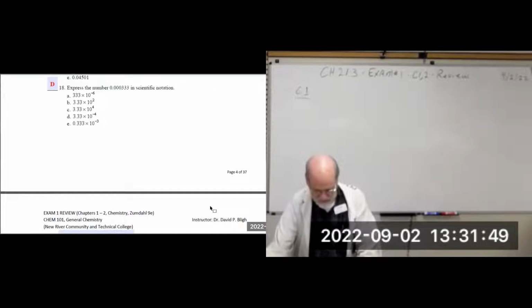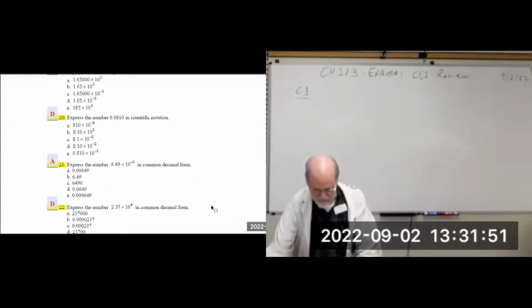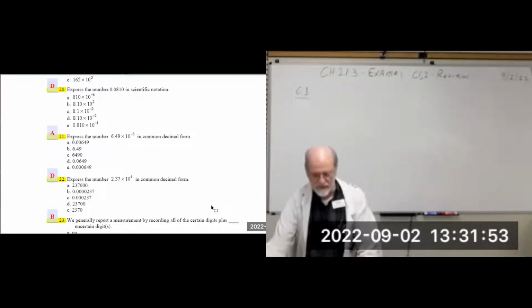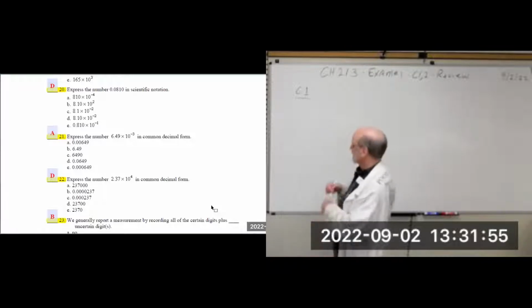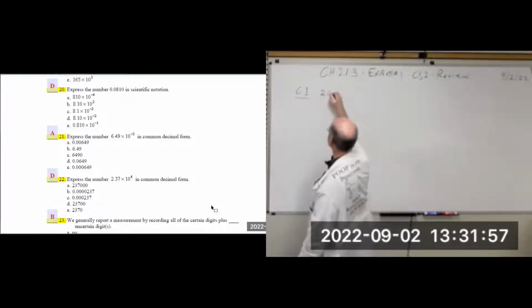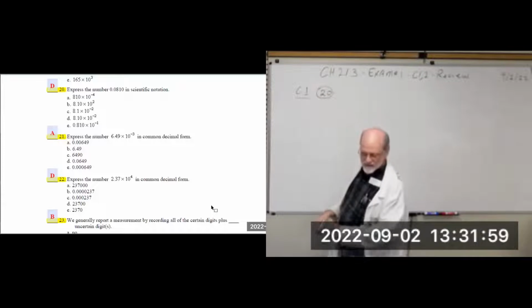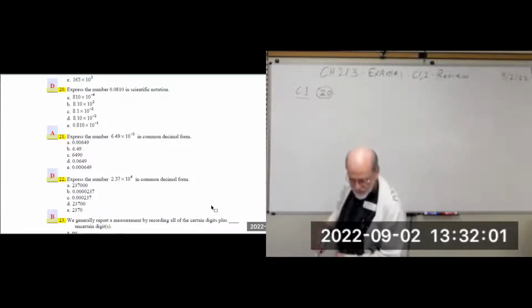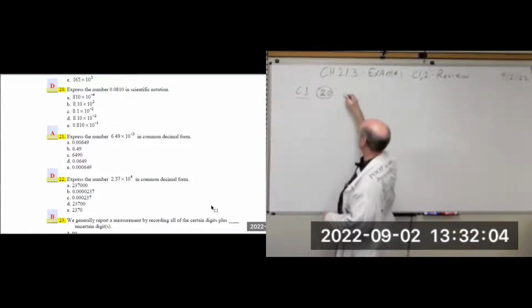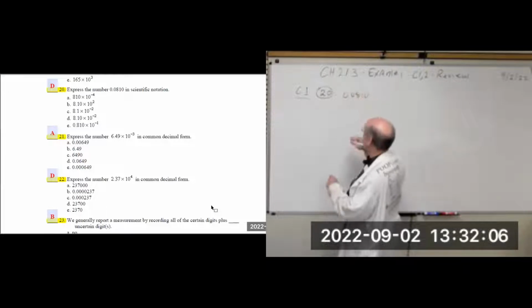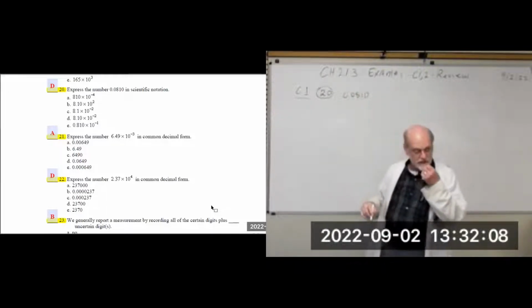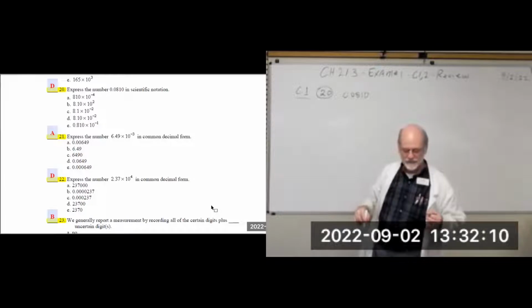Okay. Let's see, is this different? Oh, scientific notation now. 20. So we want to express the number 0.0810 in scientific notation. What are the conditions for scientific notation?